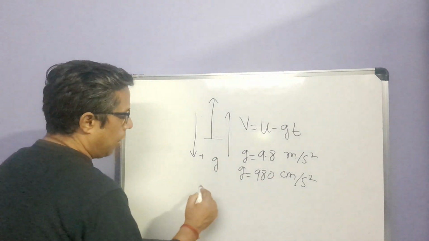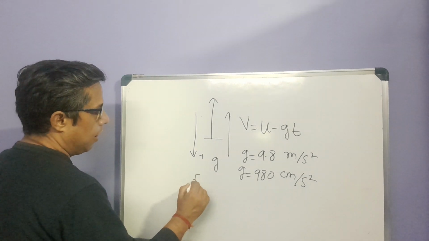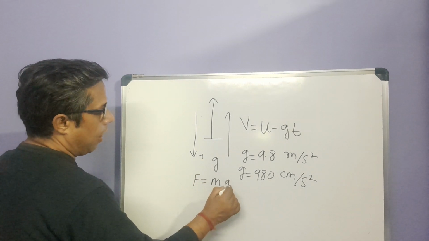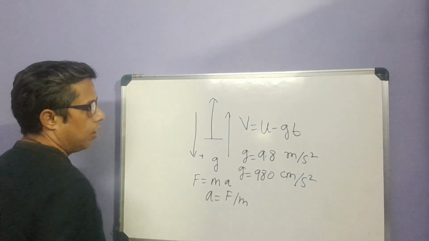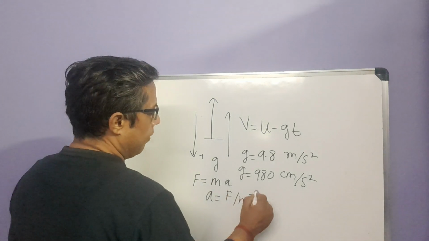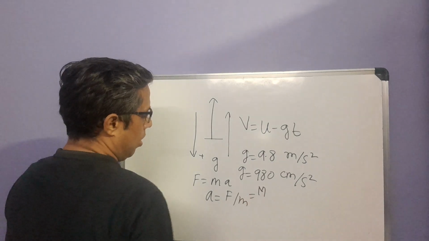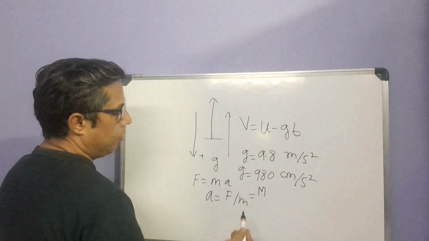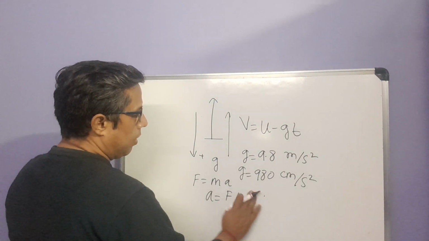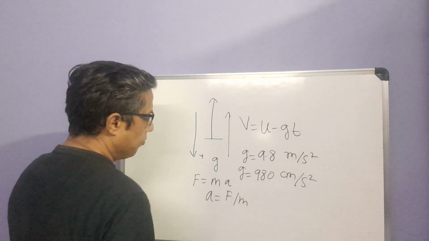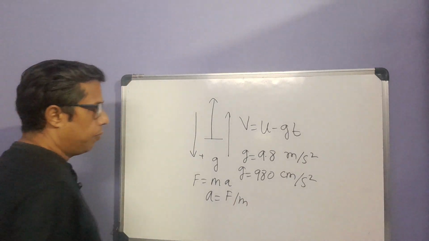So, how can I get the unit of acceleration? F is equal to ma, or acceleration a is equal to F by m. Let me try to explain in an easier way, which could help you.